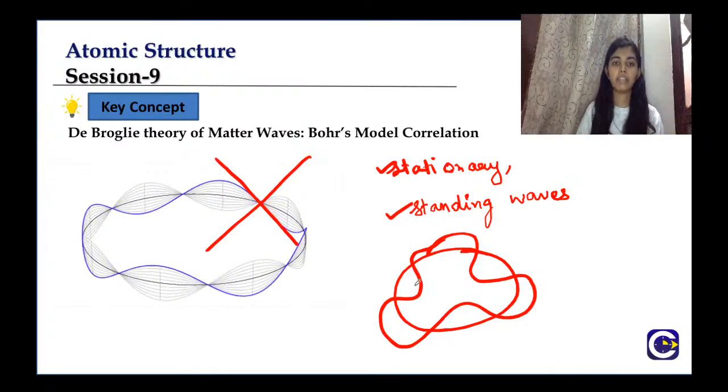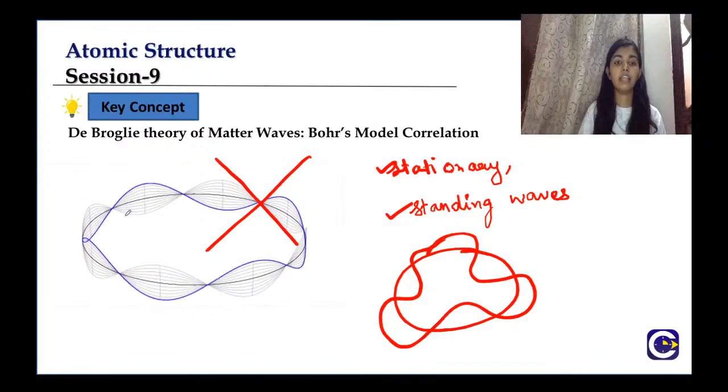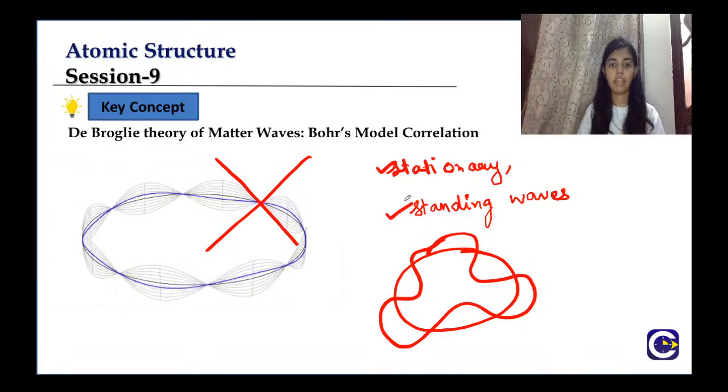You will study this theory in detail in the waves and oscillations chapter. For the time being, you can know that as per de Broglie, the matter waves associated with the electron are not moving waves, they are stationary or standing waves.